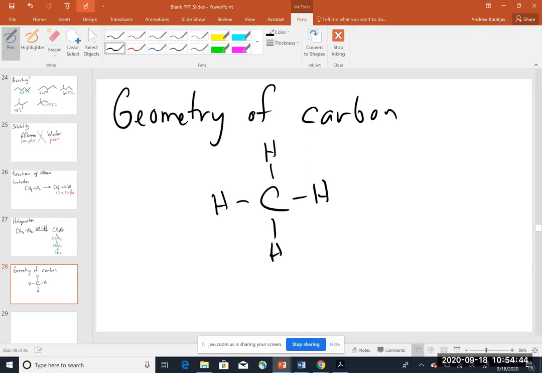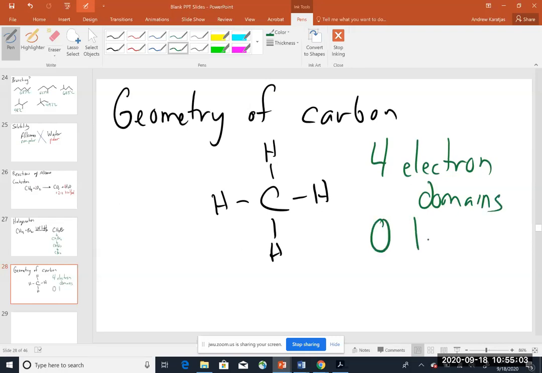So what is the geometry of the carbon, for example, in methane? So this is a molecule, the center atom, that has 4 electron domains and no lone pairs.